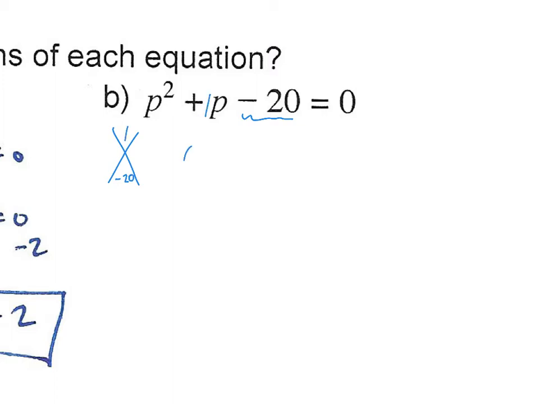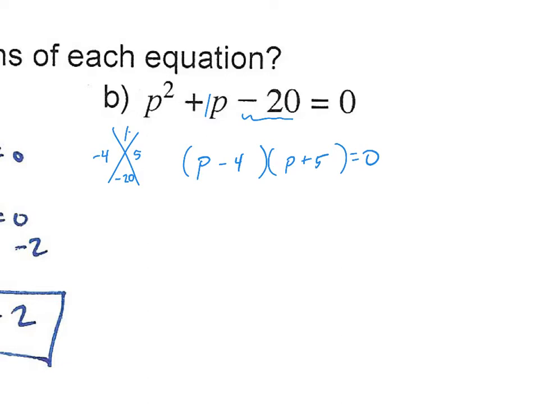Hopefully you know we're going to have a 4 and a 5 as my factors of 20, and I need it to be a positive 1, so negative 4 times 5 will give me negative 20. Negative 4 plus 5 gives me a positive 1. So those are going to be my factors. So I have p minus 4 and p plus 5.